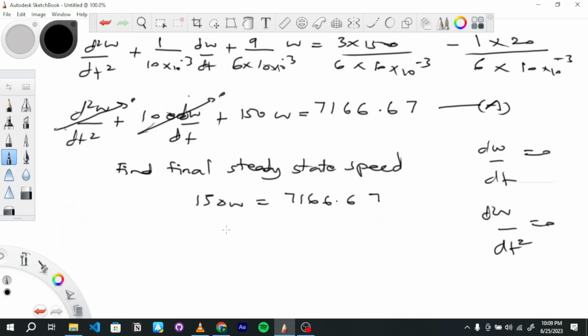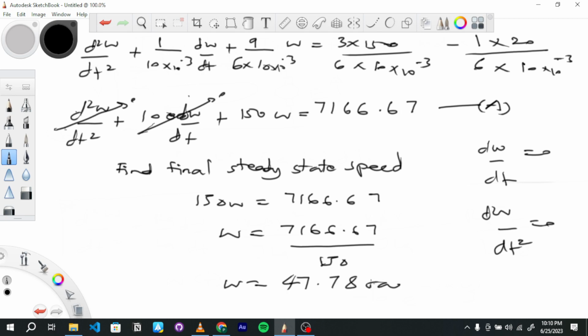So omega is given by 7166.67 over 150, which gives me 47.78 rad per second. I can call this my omega f, my final steady state value. So that's the first thing you compute.